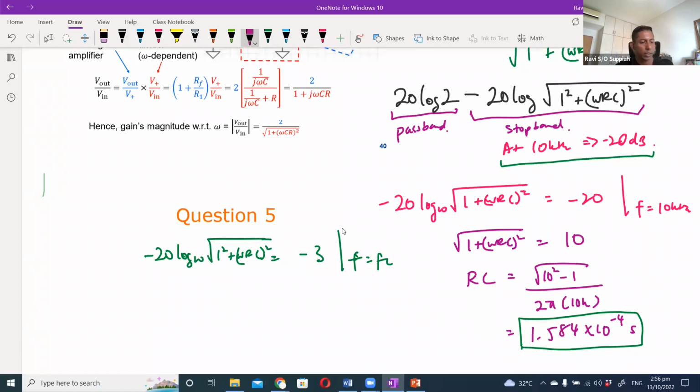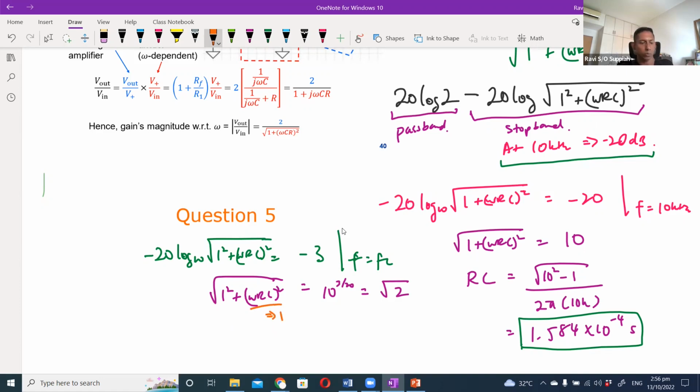If I work backwards now, I can say that 1 plus (omega RC) squared will be equal to 10 to the power of 3 over 20, which will be root 2. Since we already have on the left hand side 1 plus another component, this component must be equal to 1.